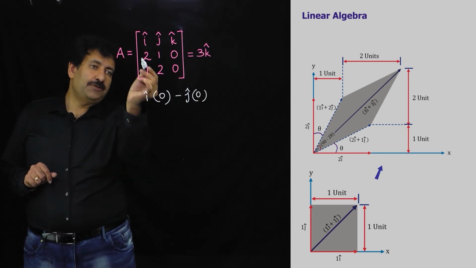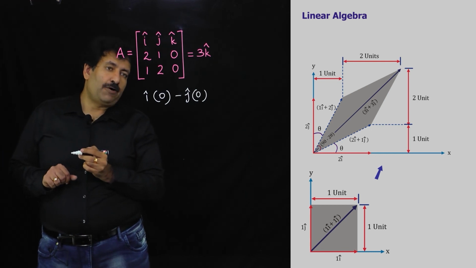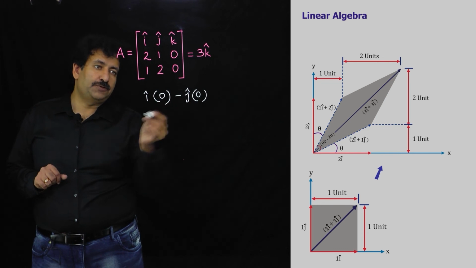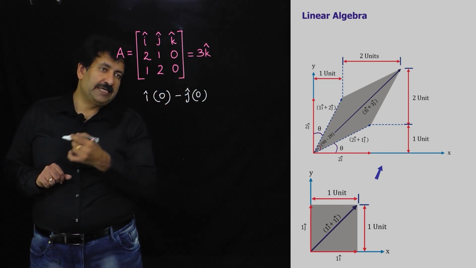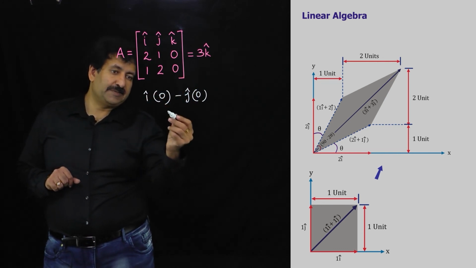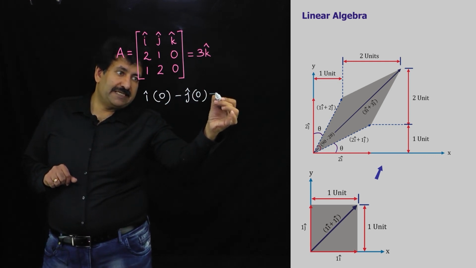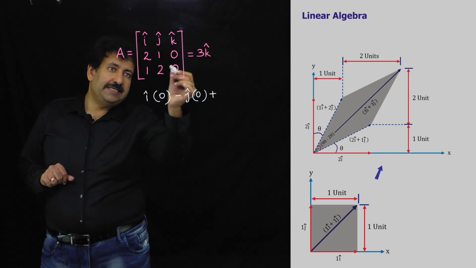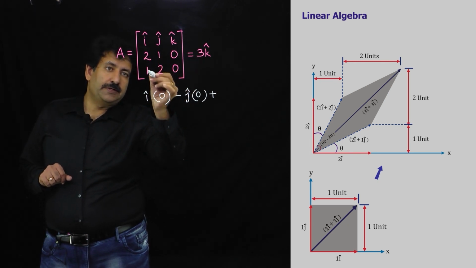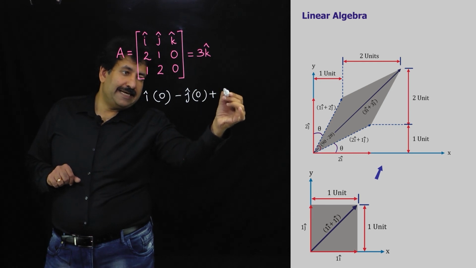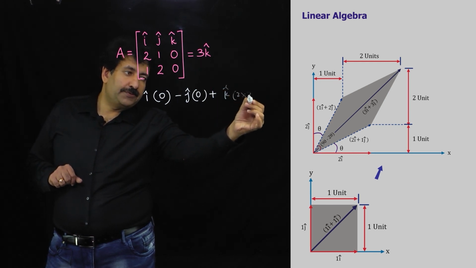Because these are two planar vectors, obviously you will get a resultant vector perpendicular to these two vectors, which is of course a vector along the z axis, because these two are in the xy plane. The last term is plus k into 2 into 2 minus 1 into 1.